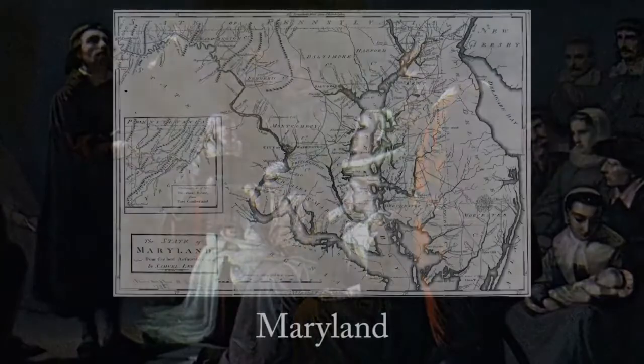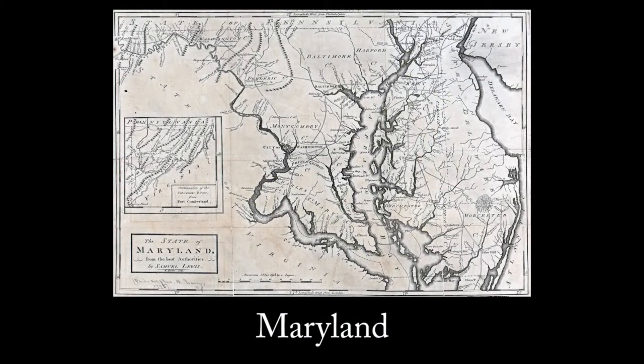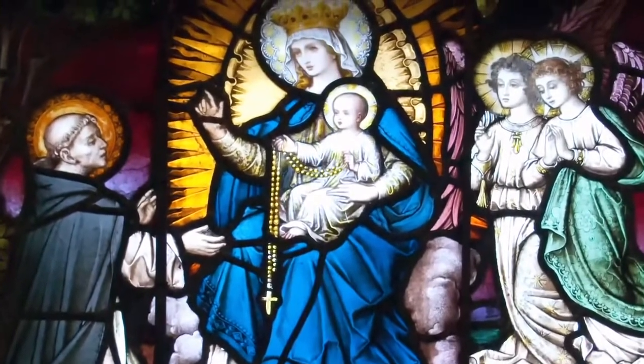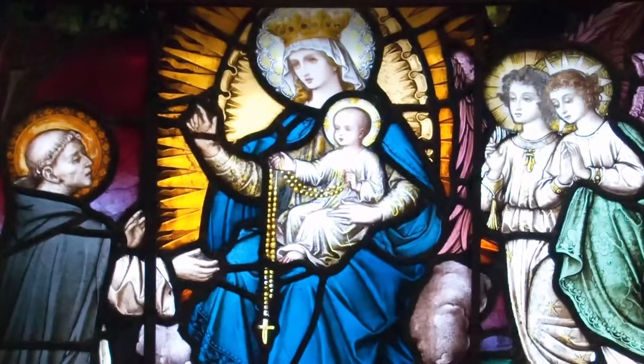What's more, the colony of Maryland was founded during the reign of Charles I, and it became, believe it or not, a place for Catholics, in particular English recusant Catholics, to find some freedom for themselves in the New World. Now, it is often said that Maryland is named after the Virgin Mary herself. That's actually not true.